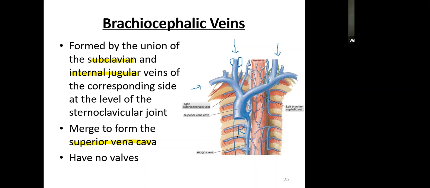On this part here is called the azygous system, and this is where we have our hemiazygous system. And what you will see is that the veins are actually draining from the esophagus into the brachiocephalic and then back into the SVC. And also you'll see that the intercostal veins are also doing the same thing.